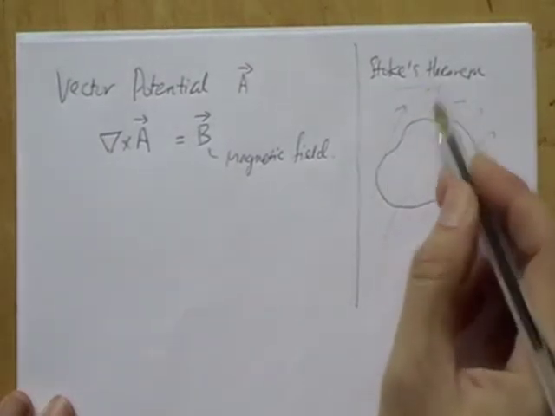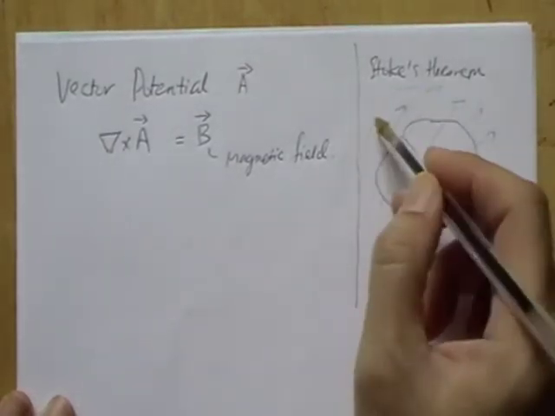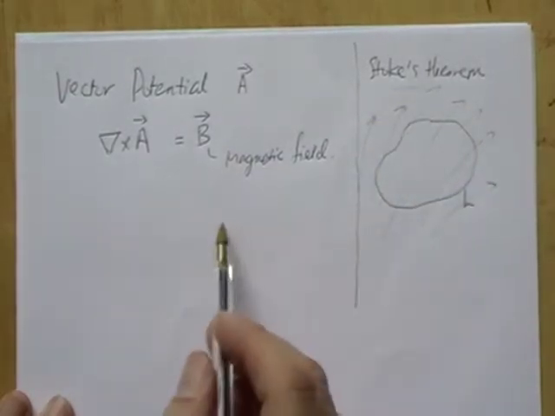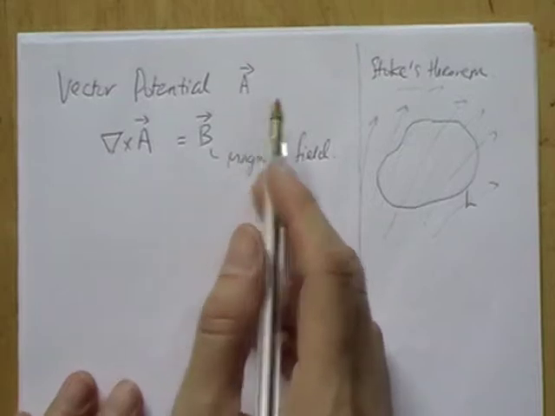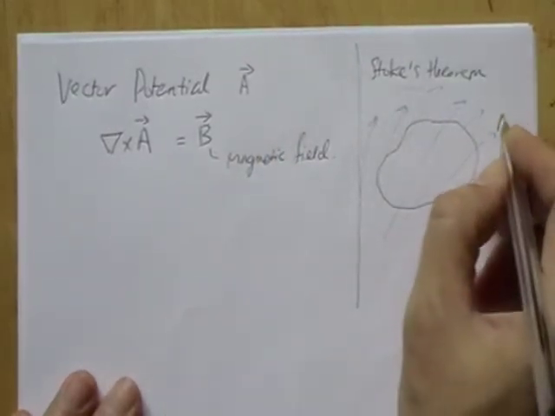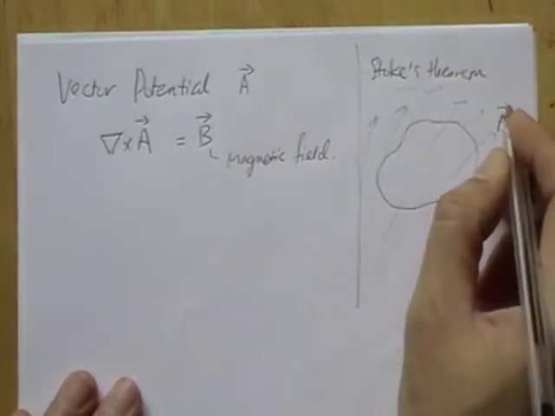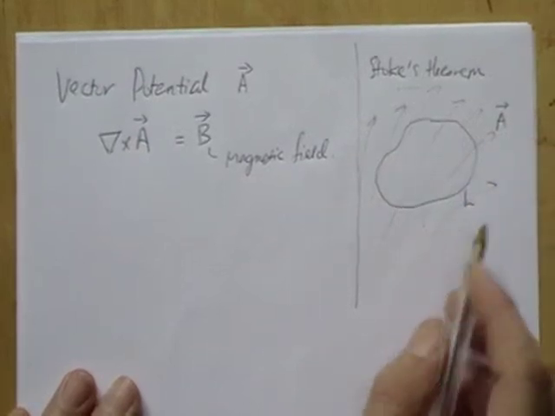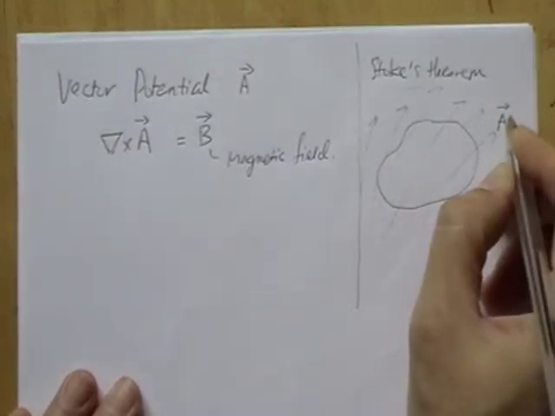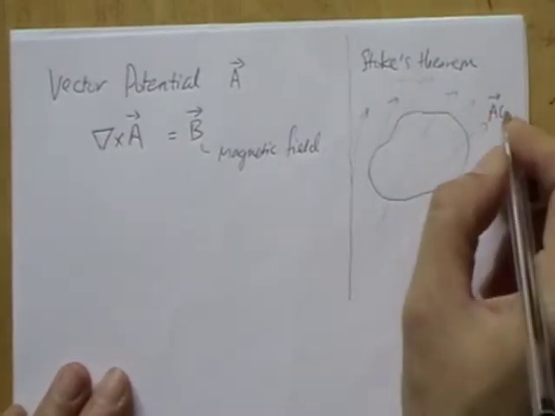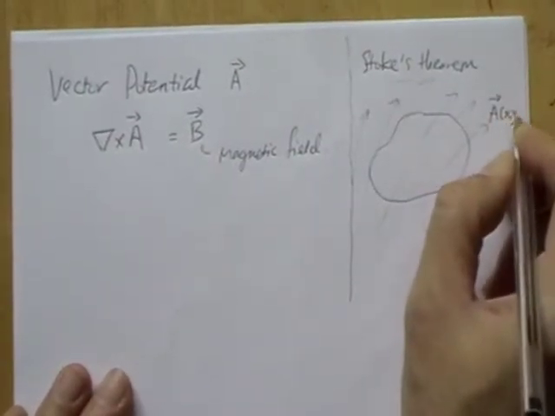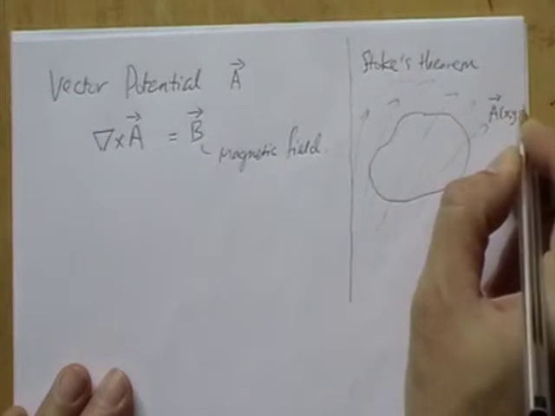In general, the vector field can be the magnetic field, electric field, or in this case the vector potential. So I just let this field be A, and it's a vector field in the sense that it's a function of position in space, so a function of x, y, z.